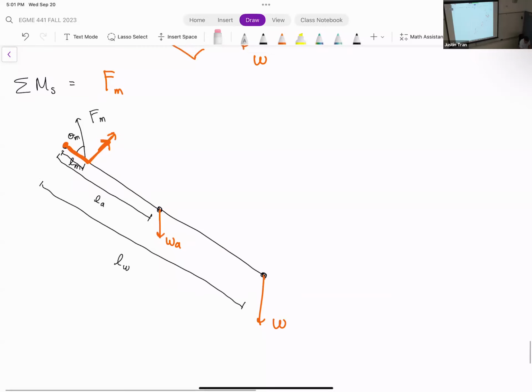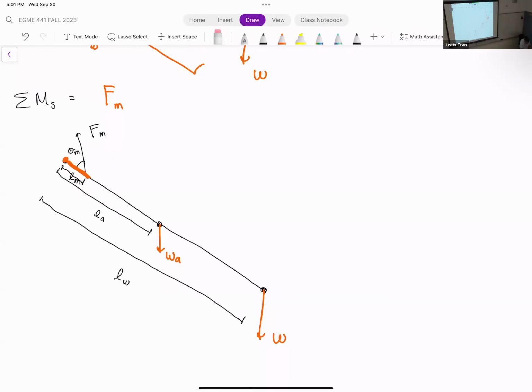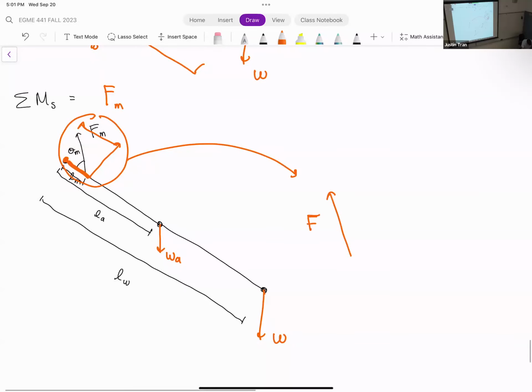Okay. And so it looks like a strange angle here, but we draw this triangle right here. Okay. So we have Fm, this. We have a direction that's perpendicular to this. So it's like this.